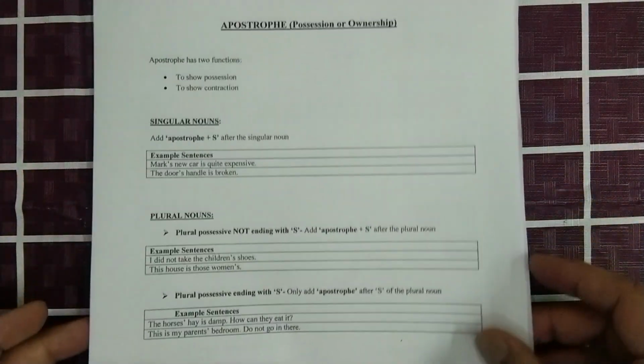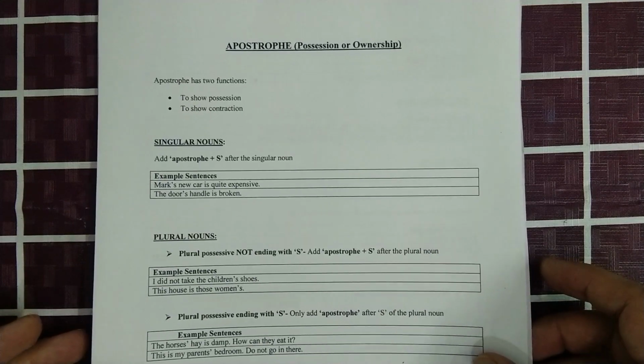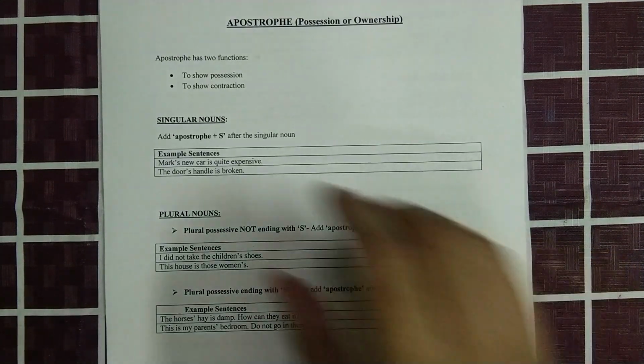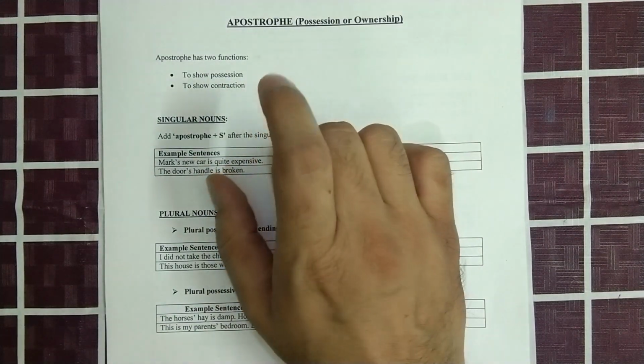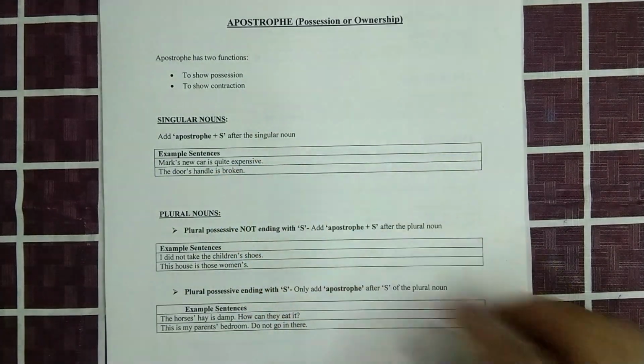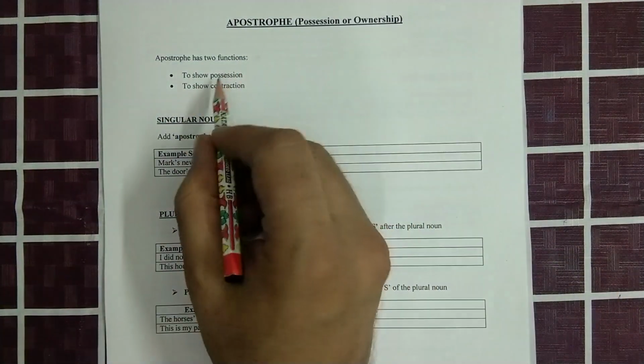So here we have apostrophe. Apostrophe is used to show possession and to show contraction. But in this video, we will talk just about possession.